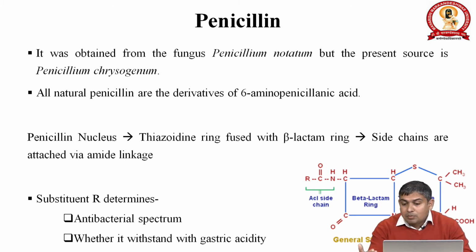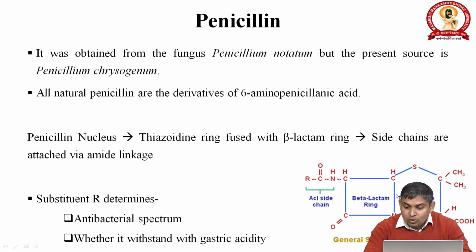The numbering of this penicillanic acid starts from the sulfur of this bicyclic ring structure. The sulfur is given the first numbering. The adjacent carbon having the dimethyl substitution is numbered second. Then the third carbon atom has a carboxylic group.